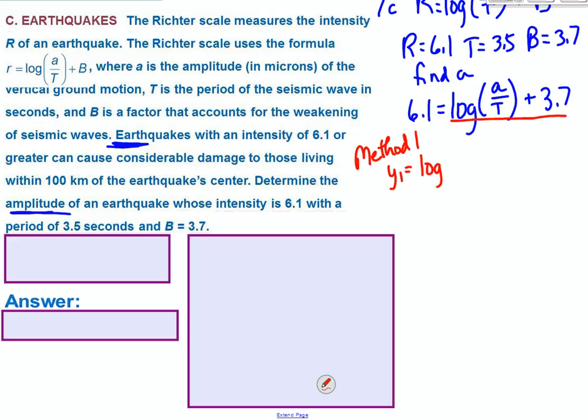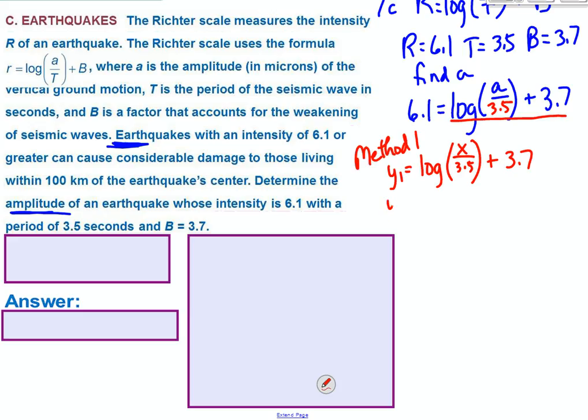So log, oh, I'm sorry, I left that T. My bad there. Let me find an eraser that's small enough. That T, I did not put in the value, so that should be 3.5. I'll just make that correction. So in Y1, you can type log of parentheses x over 3.5 plus 3.7.